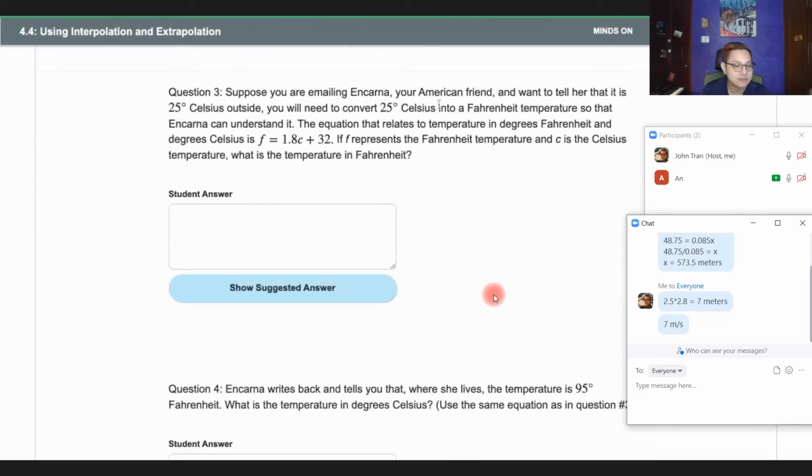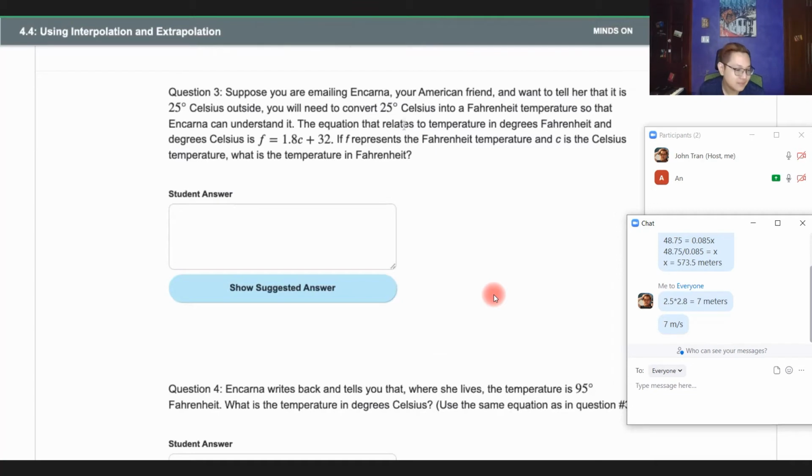Question 3. Suppose you're emailing your American friend, and you want to tell her that it is 25 degrees Celsius outside. You will need to convert 25 degrees Celsius into a Fahrenheit temperature so that she can understand it.